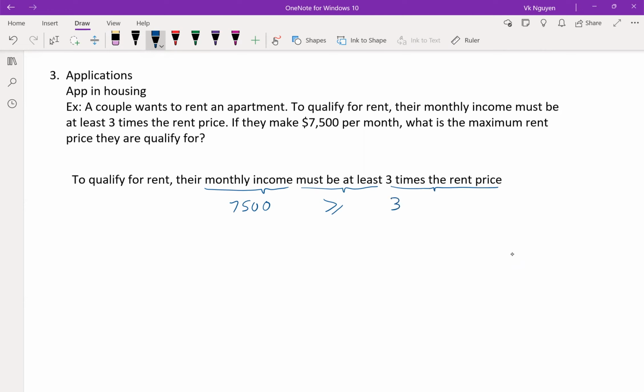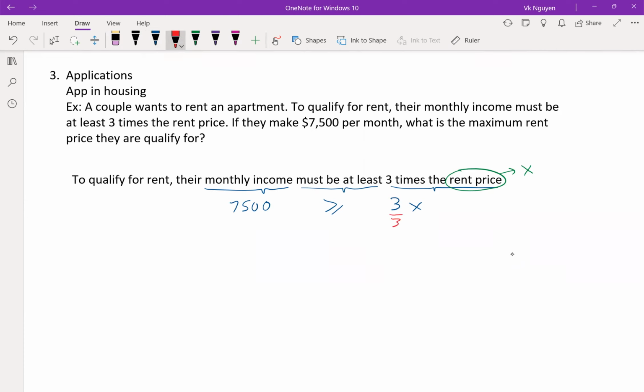The rent price we don't know, so we can let the rent price be X, so 3X. And then from here, we just have to solve for X. Pretty cool, huh?